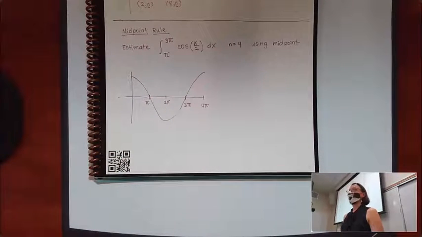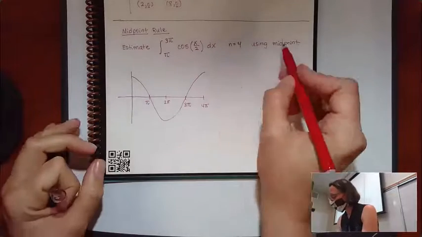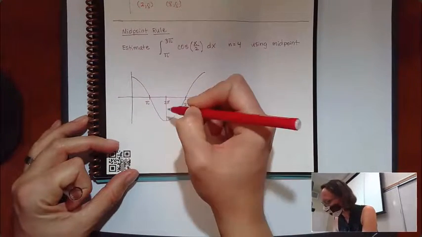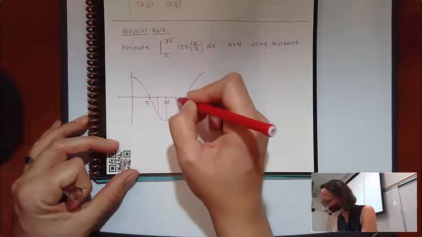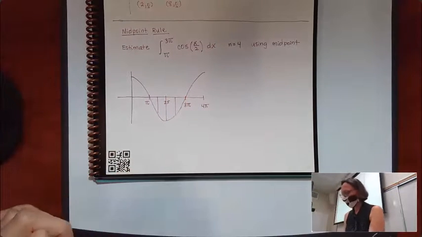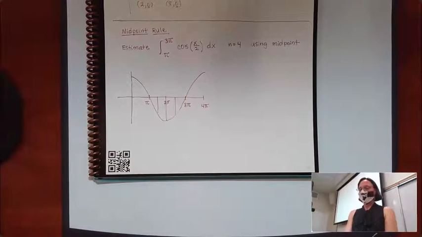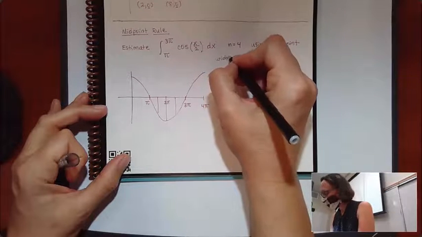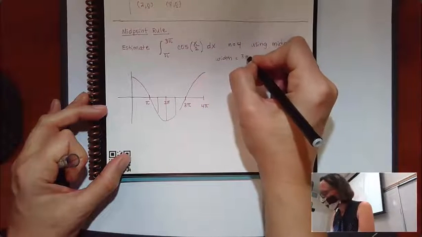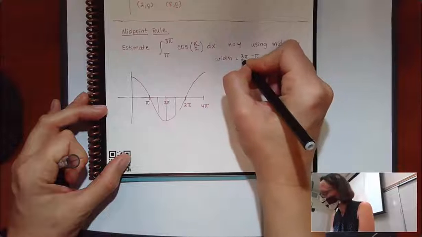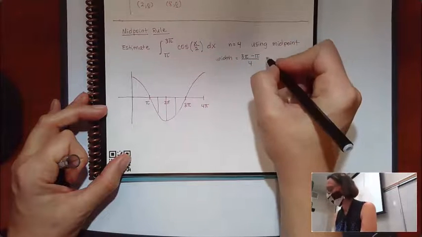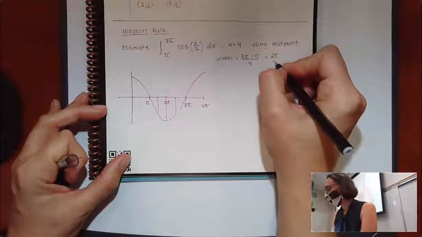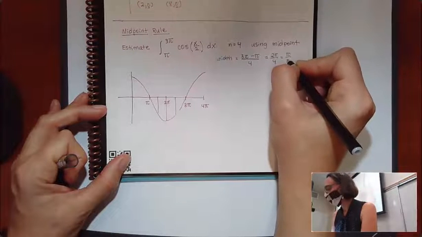But what the midpoint rule is going to do is, first of all, since it says n equals 4, I'm going to break this into 4 pieces. All the pieces are going to be equal in width. So the width of each of those comes from looking at the total length of the interval divided by how many pieces we broke it into. So that's 2 pi divided by 4, or pi over 2.